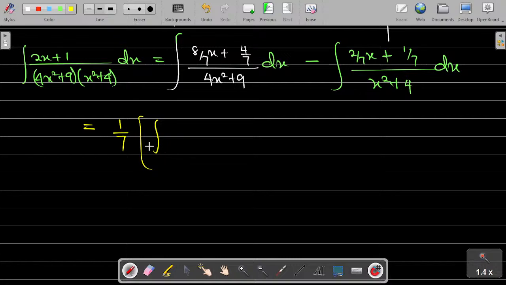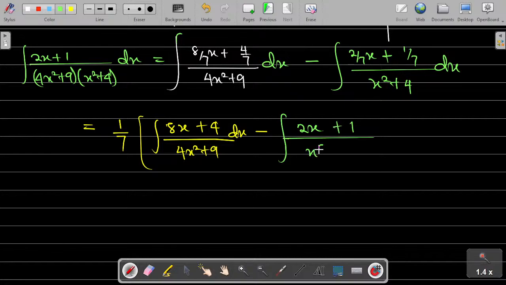So this one will now become the integral of only 8x will remain here, only 4 will remain here, all over 4x squared plus 9 dx, minus the integral of only 2x will remain up, then only 1 will remain here, all over x squared plus 4 as well, then dx.